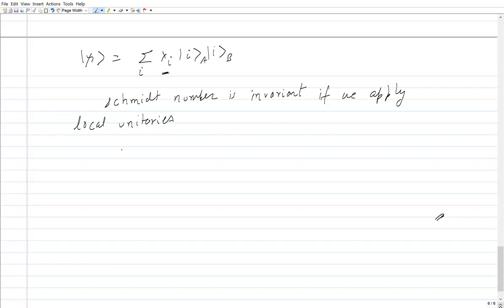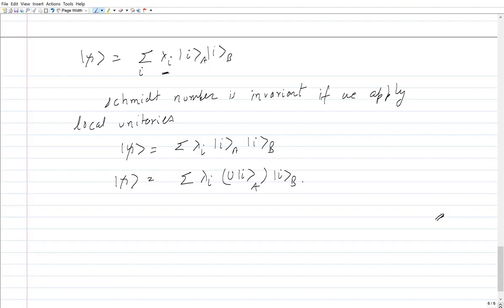Well, for example, if I have psi in its Schmidt decomposition, then the same state psi in another basis, I change the basis, I am applying each of the vectors of the orthonormal basis on system A by a unitary operator.